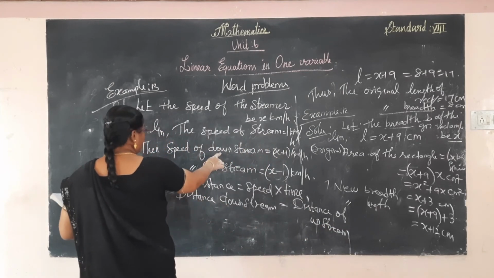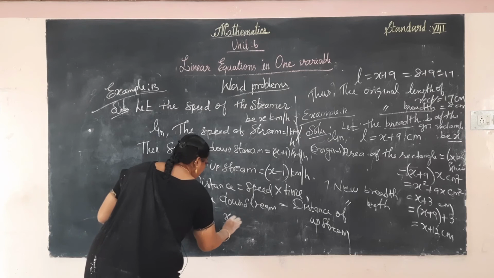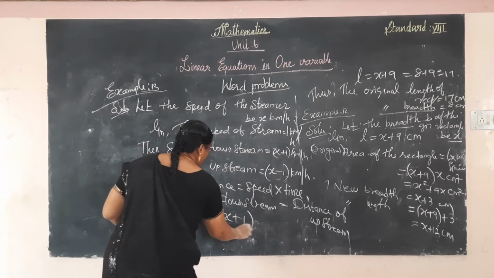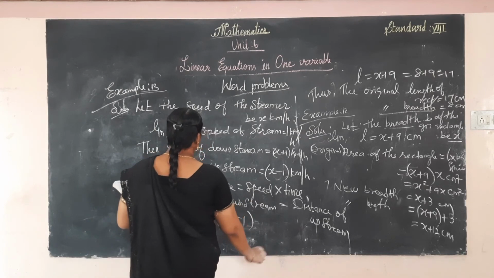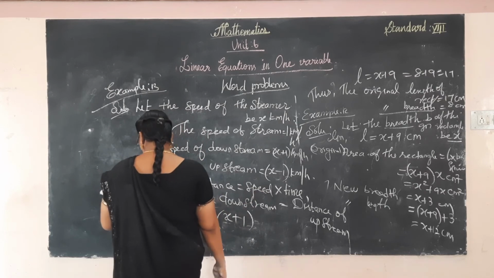The downstream speed is x plus 1, and 9 hours is given.